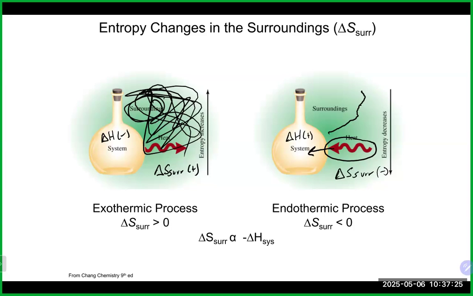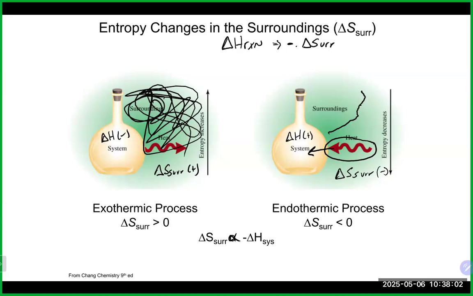Now, there is a relationship between those two things. The delta S of the surroundings is proportional to the minus delta H of the system. So what does that mean? It means what we just talked about. If I have my delta H of my reaction, the relationship to the delta S of our surroundings is an opposite relationship.